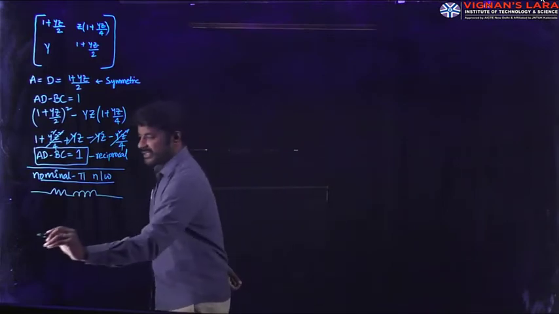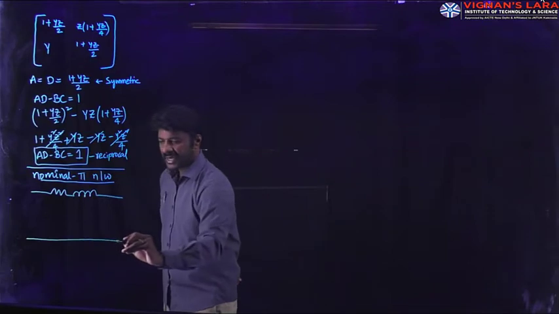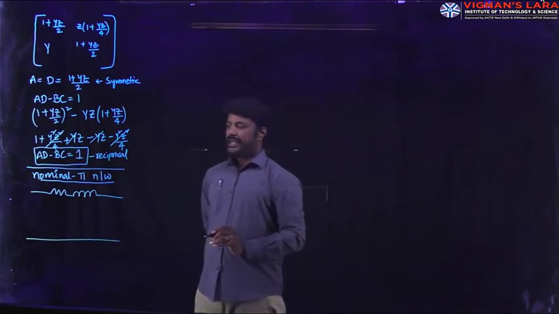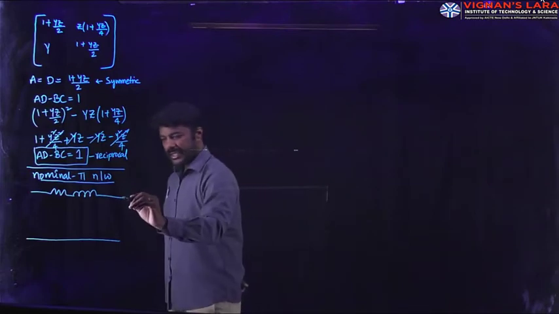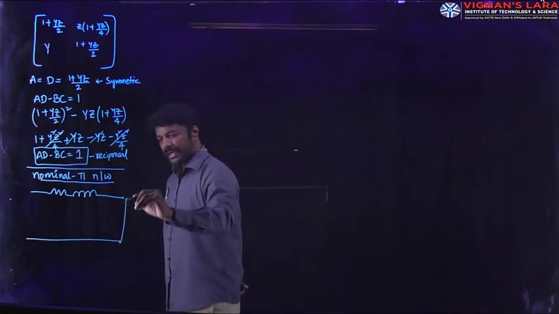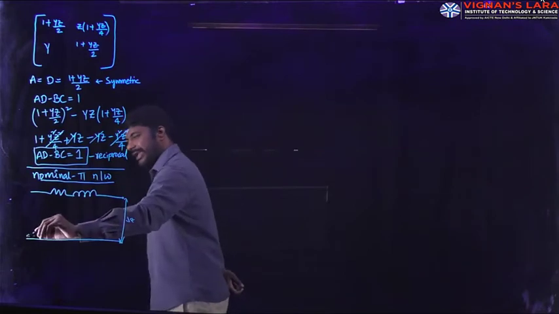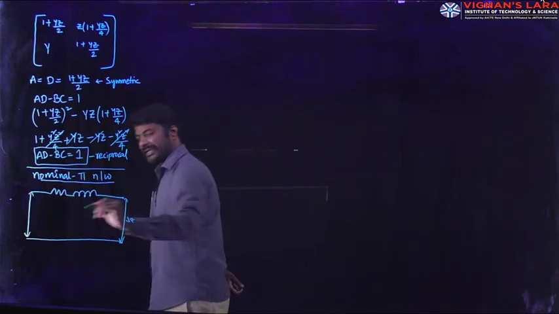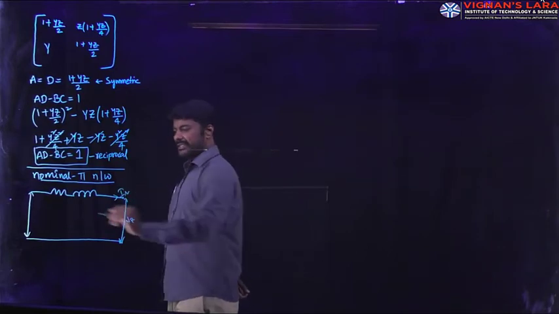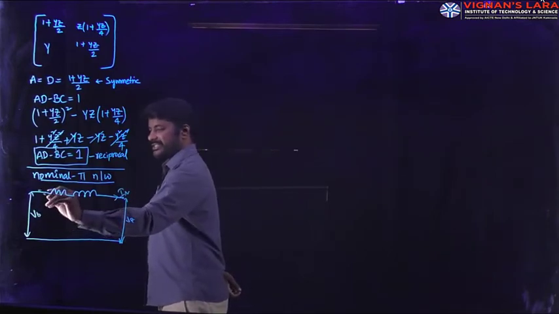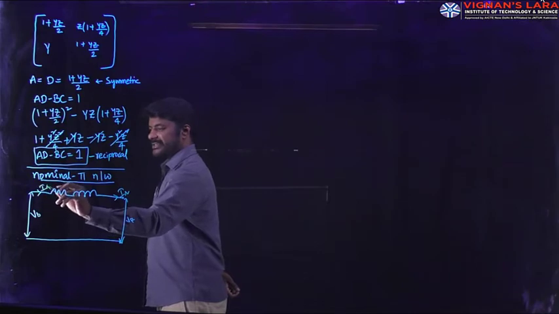And next, the two ports of this network are identified to be the sending end port and the receiving end port, so that here the quantities available are VR as the receiving end voltage, IR as the receiving end current. Next, sending end voltage Vs, sending end current Is.